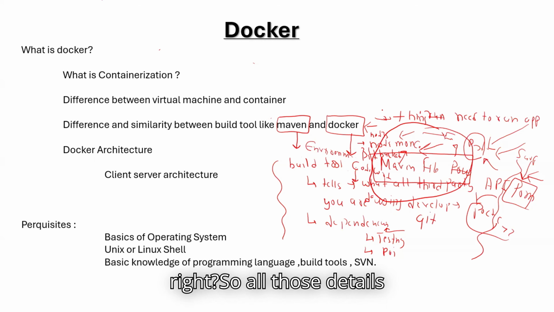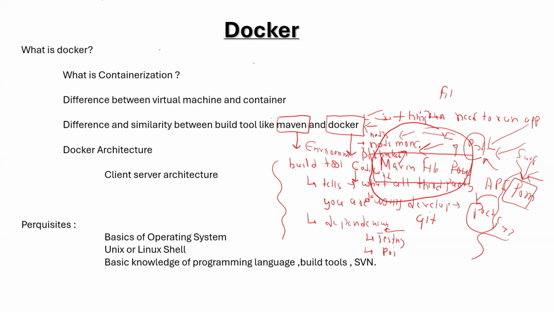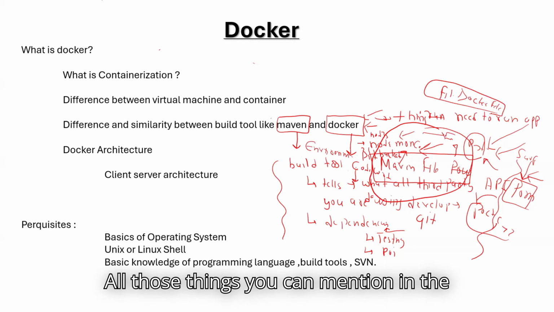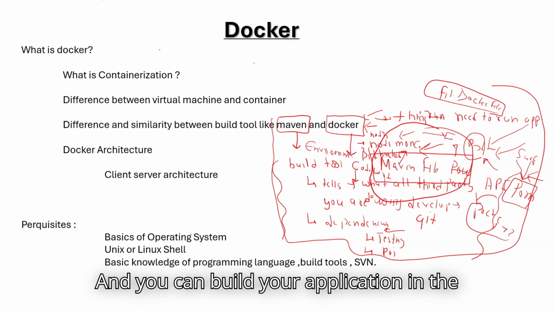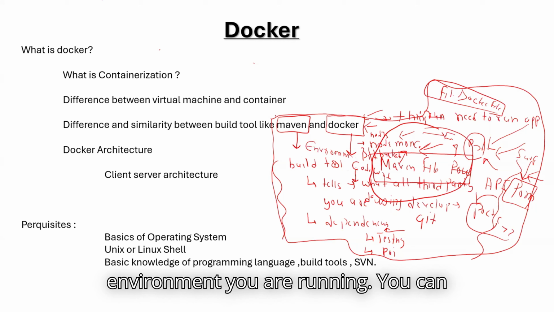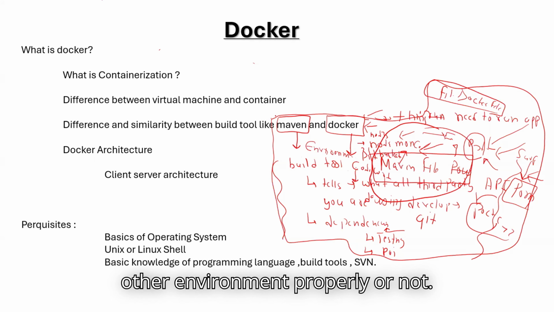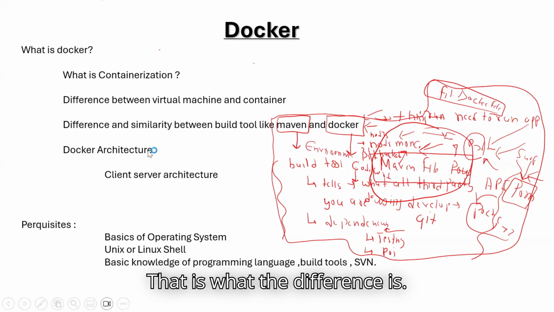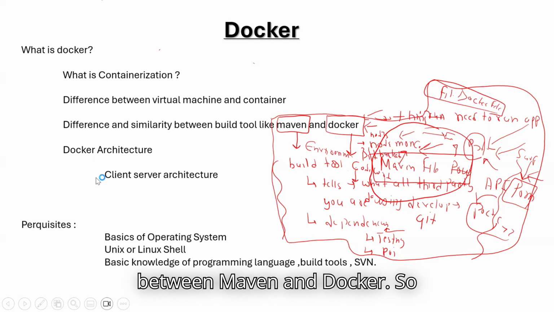All those details you can mention in a Docker file, and you can build your application in a different environment, or in the same environment you are running. You can check whether, when you shift your application, it runs properly in some other environment or not. That is the difference between Maven and Docker.